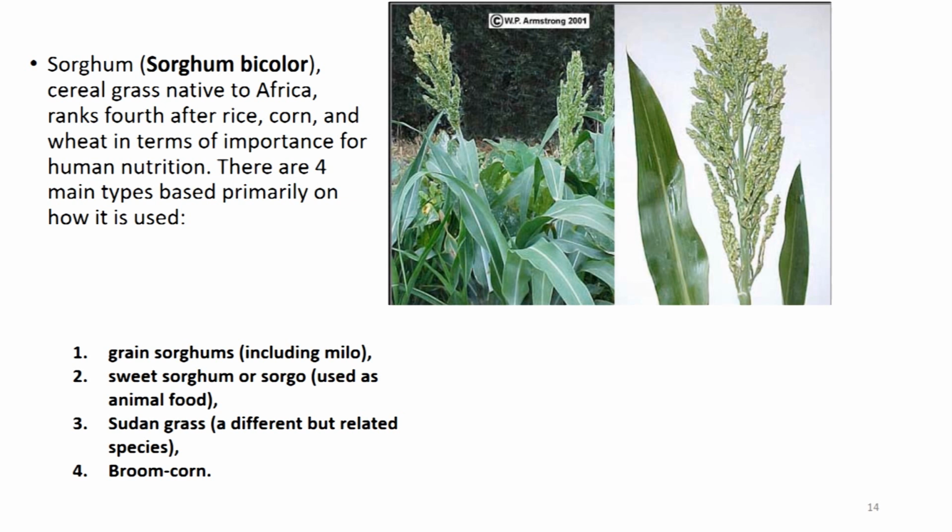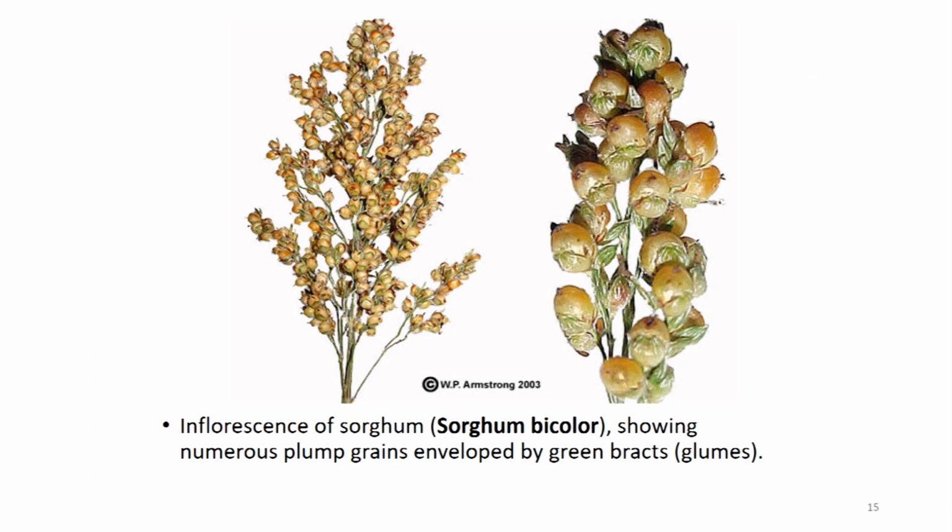Then there is broom corn. So these are the four main types, based primarily on how they are used. Here is the inflorescence of sorghum. You can see the flower and seed, particularly the grains, on this inflorescence.